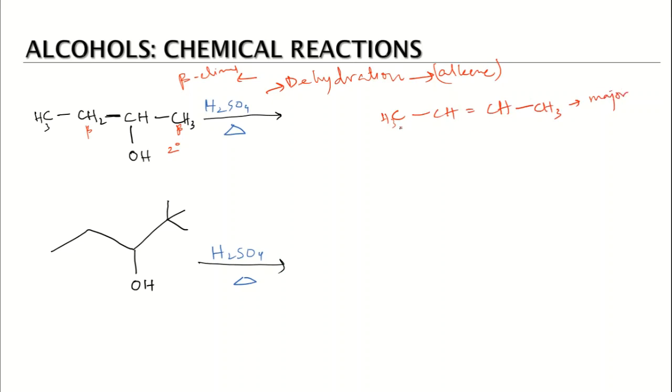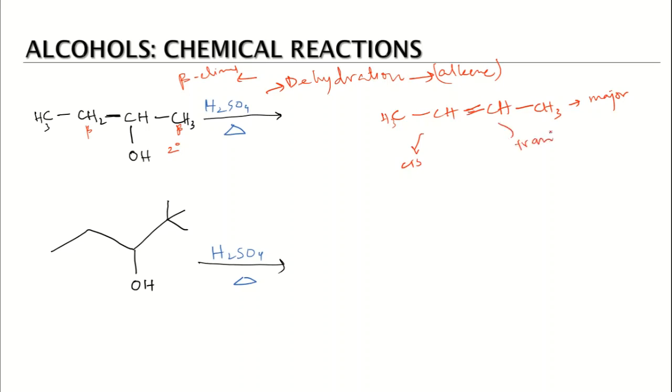Many times we are asked the question, what is the major product of this reaction? The other product, the minor product, is possible in which the double bond is between these two carbon atoms. One more thing that we have to remember is that this alkene can have two isomers, a cis isomer and a trans isomer.